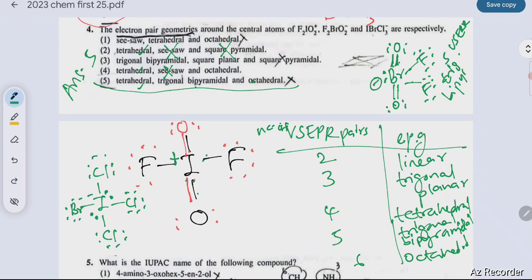And this one, iodine gets a minus charge here. So there are 2 lone pairs and 4 bond pairs, altogether 6 VSEPR pairs. So 6 VSEPR pairs means the electron pair geometry is octahedral. So answer is 5 for the 4th question.